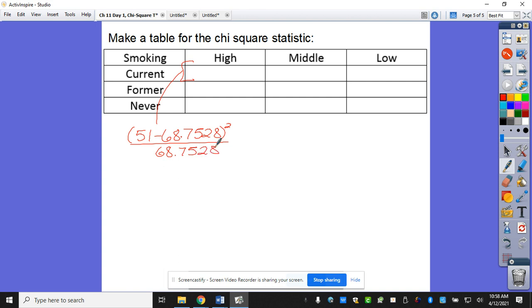And I just showed it with one cell, so that I would write at least one out, so that if you go back and look at it later, you can remember how you got that number. What I get for current high.